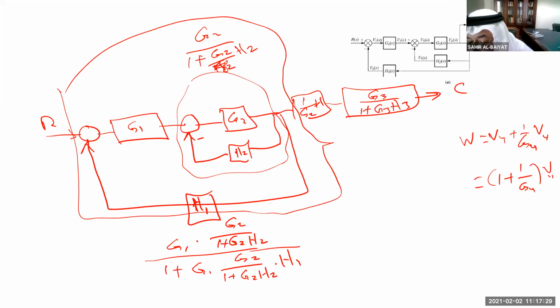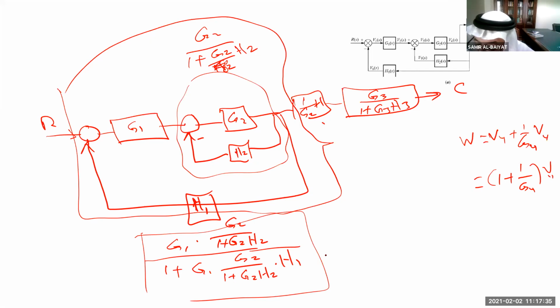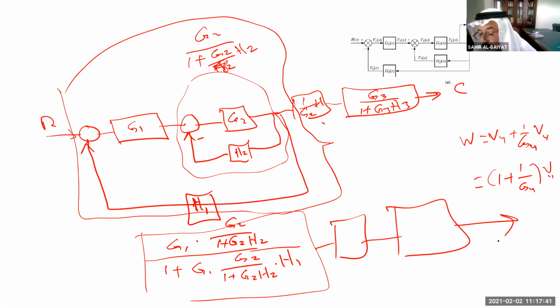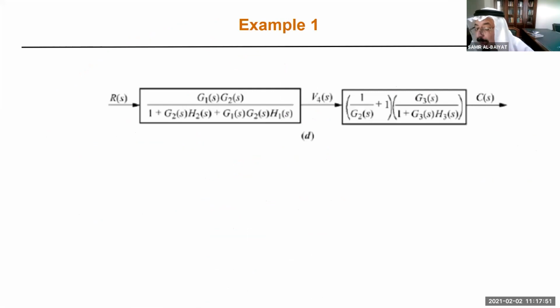The overall transfer function will be what? This block times this block times the third block. So I have 3 blocks. Multiply them and you will get your transfer function. That's basically what I mean.